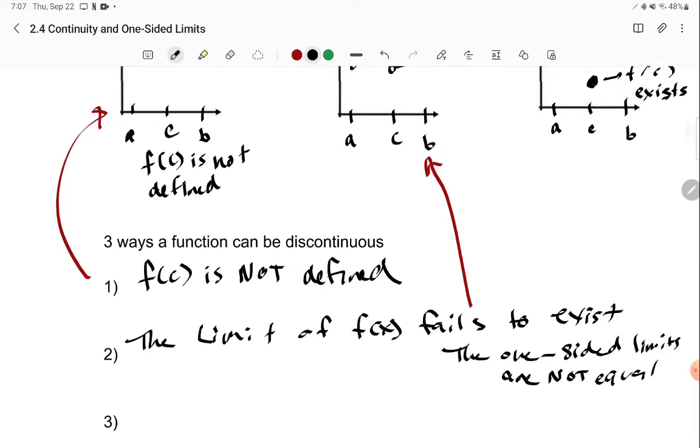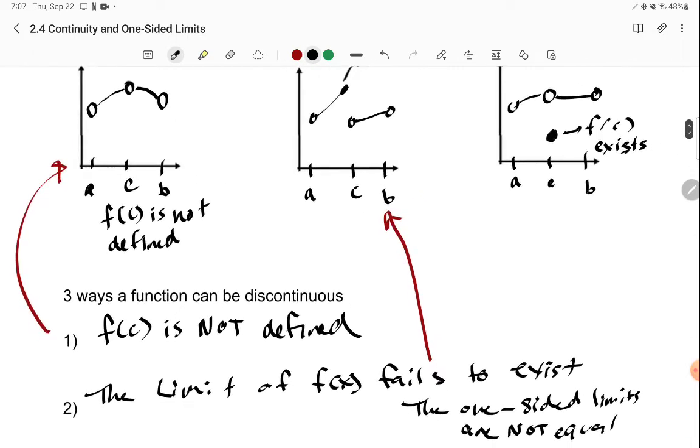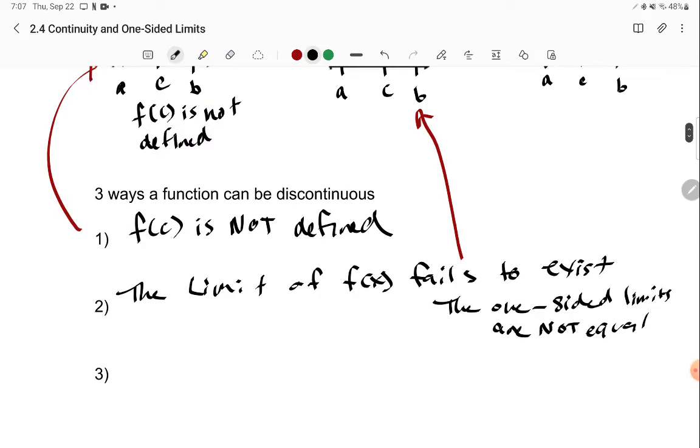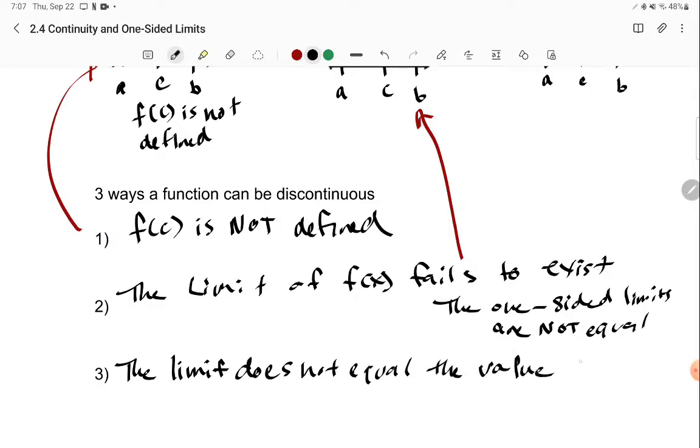And the third way, looking right here, you notice the one-sided limits are equal. However, the limit does not equal the value at that point, and the value is denoted as f of C. So we'll put that in there.